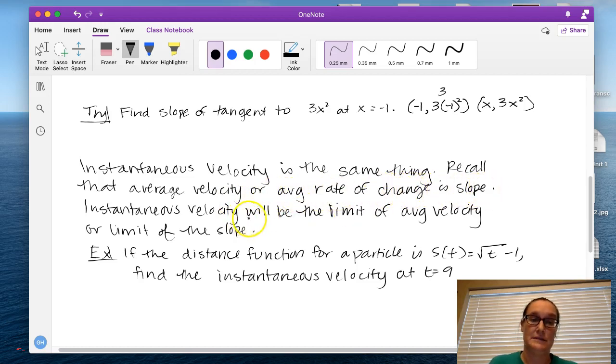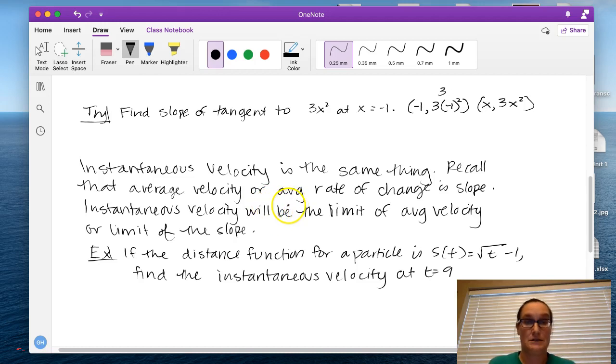So instantaneous velocity will be the limit of the average velocity, or the limit of the slope, as the 2 points get closer and closer together. If you want to find the velocity at any single point, you're going to do the exact same thing as finding the slope of the tangent line, because velocity is slope.